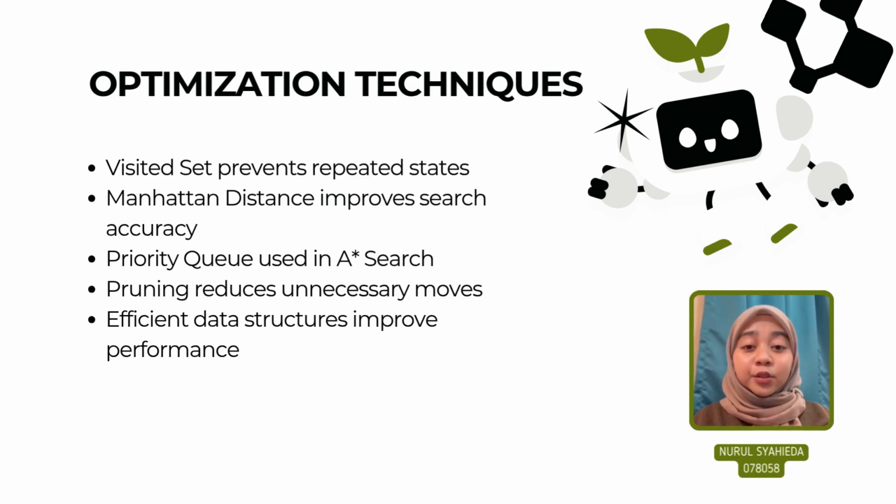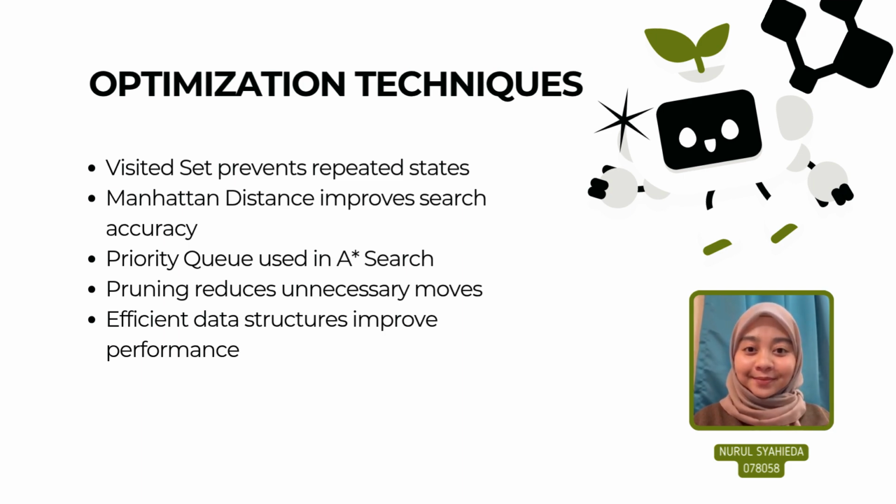A-star search also used a priority queue to select the most promising node first. In addition, unnecessary moves were pruned to reduce redundant exploration. Finally, suitable data structures such as queues, stacks, priority queues, and hash sets were used to improve the overall performance of the algorithm.